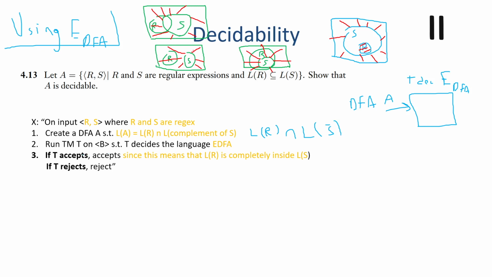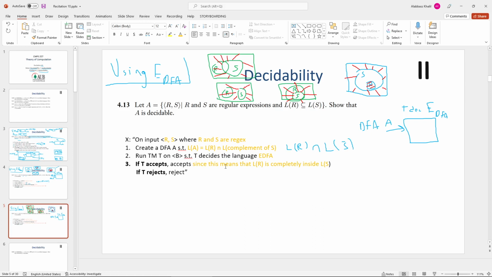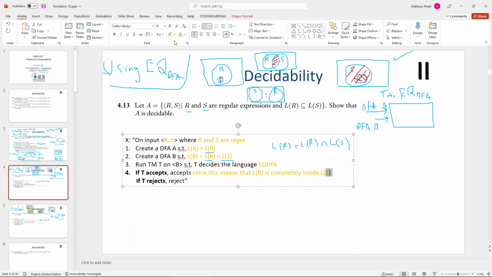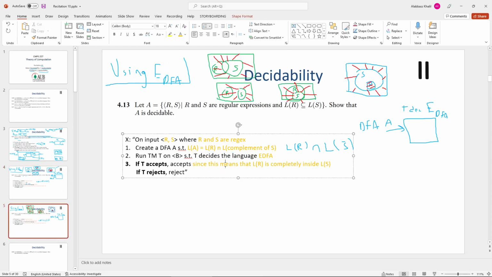If T accepts, like there's nothing in common between these two, it means R has to be completely inside of S. Same reasoning. And if T rejects, we reject too. Cool.